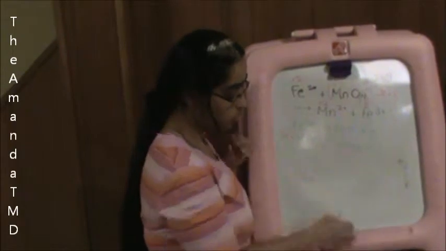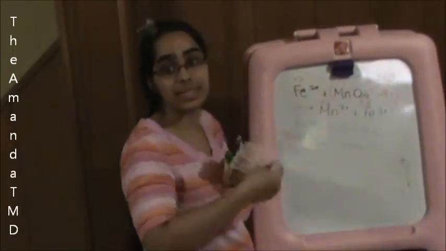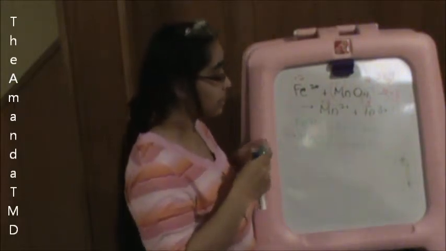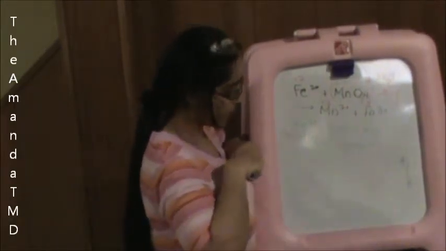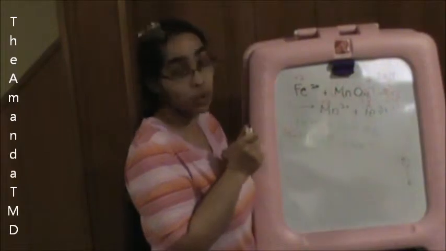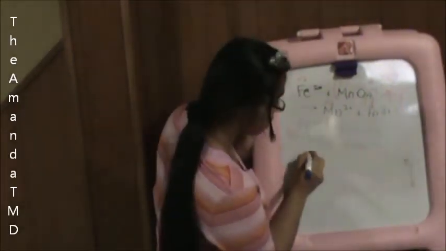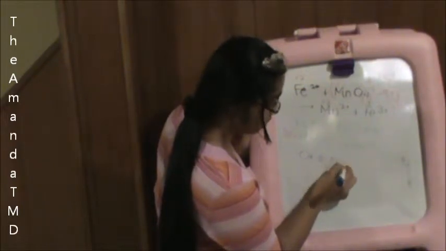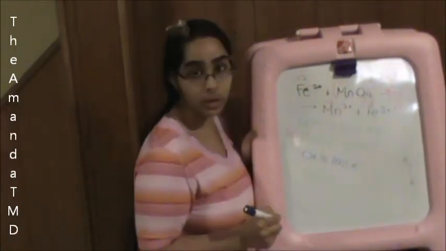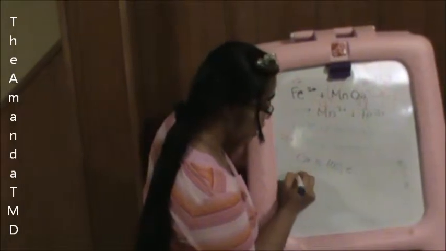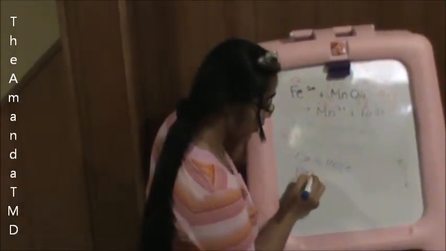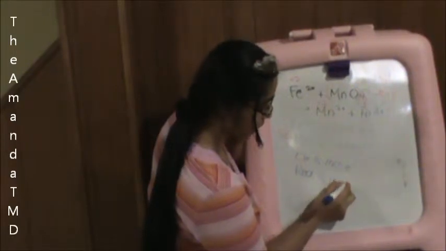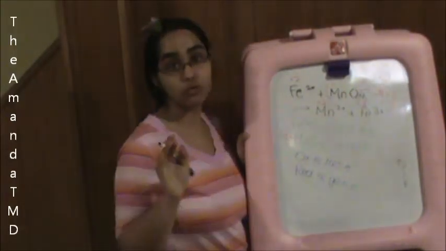The way that I usually remember this is a saying called OIL RIG, which means that oxidation, the OIL part, is loss of electrons. Reduction, therefore, is the gain of electrons, which is the RIG part.